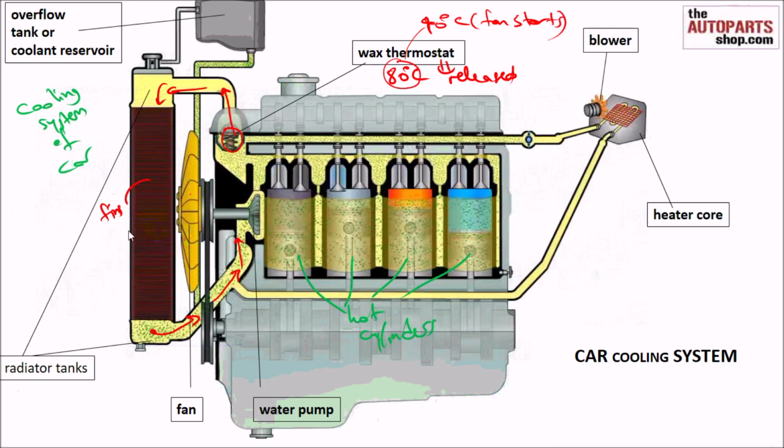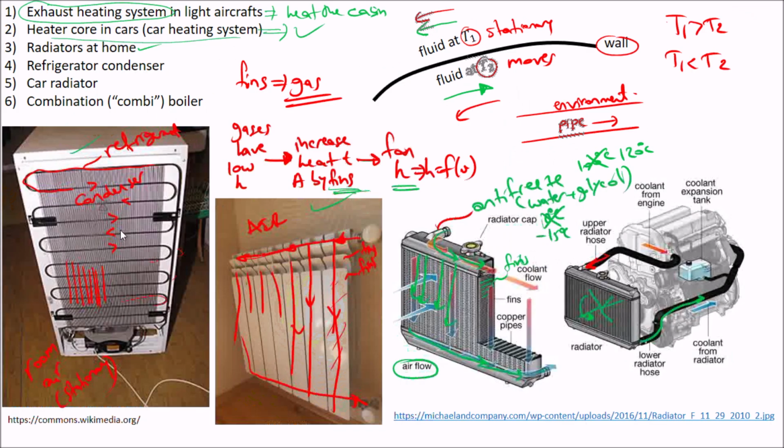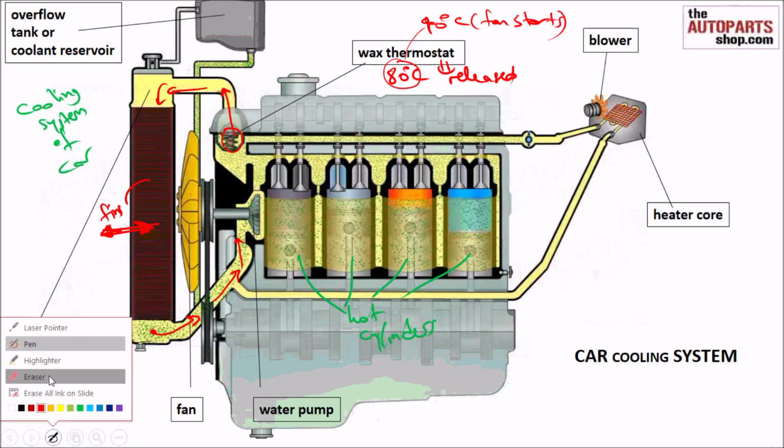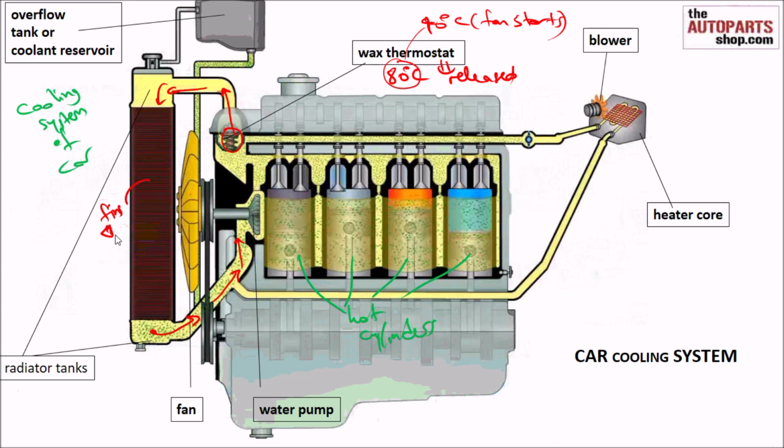And then the fan starts and it helps to decrease the temperature of the radiator, okay. So this one is the airflow direction. It decreases the temperature of the glycol water mixture, okay.